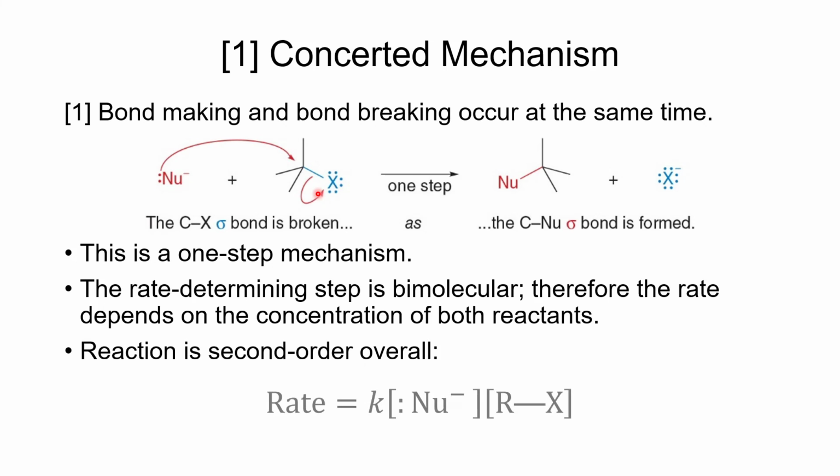And we'll find that the reaction is second order overall, having this as the rate equation. So the rate is equal to our rate constant times the concentration of our nucleophile raised to the first power times the concentration of our alkyl halide also raised to the first power.